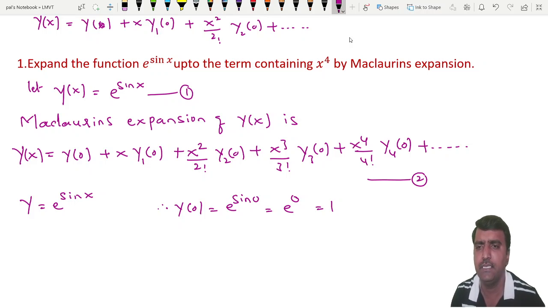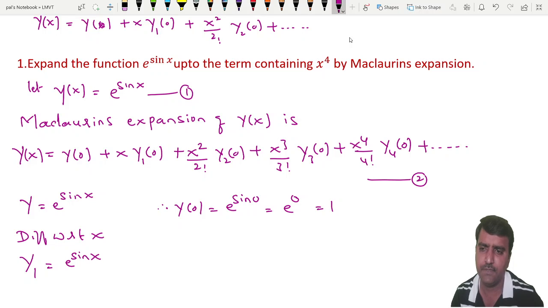Next, to find y1 of 0, you have to differentiate this with respect to x. Differentiation of e to the power sin x is e to the power sin x, and again differentiation of sin x is cos x.